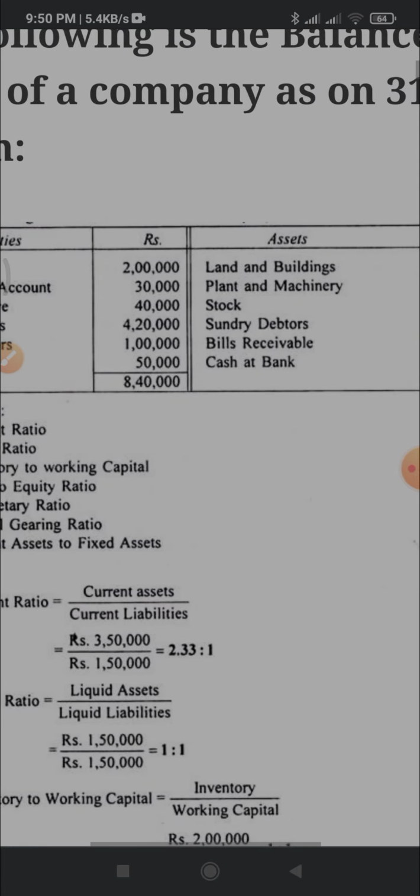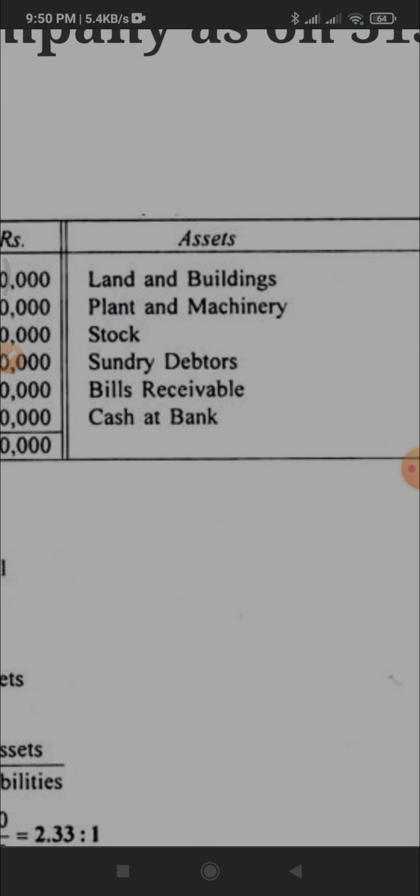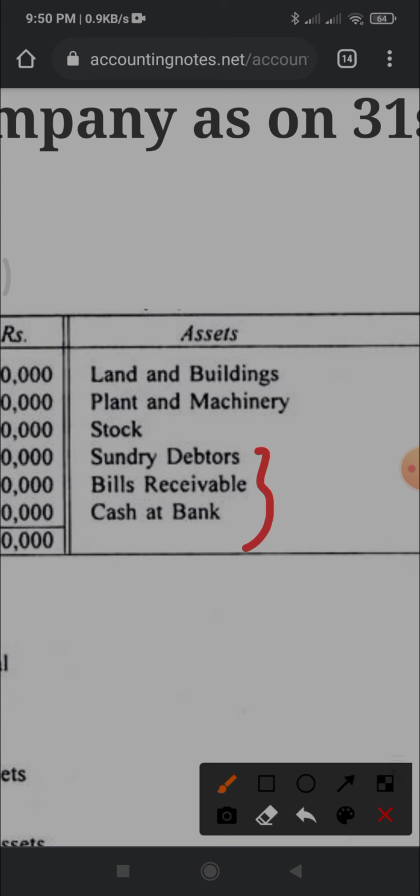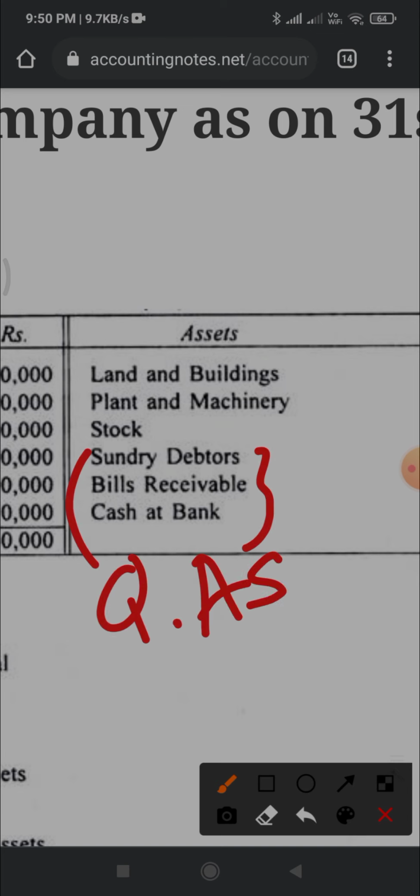You only have to consider debtors, bills receivable, and cash at bank. These only three are taken as quick assets. What are the quick assets? Sundry debtors, bills receivable, cash at bank.